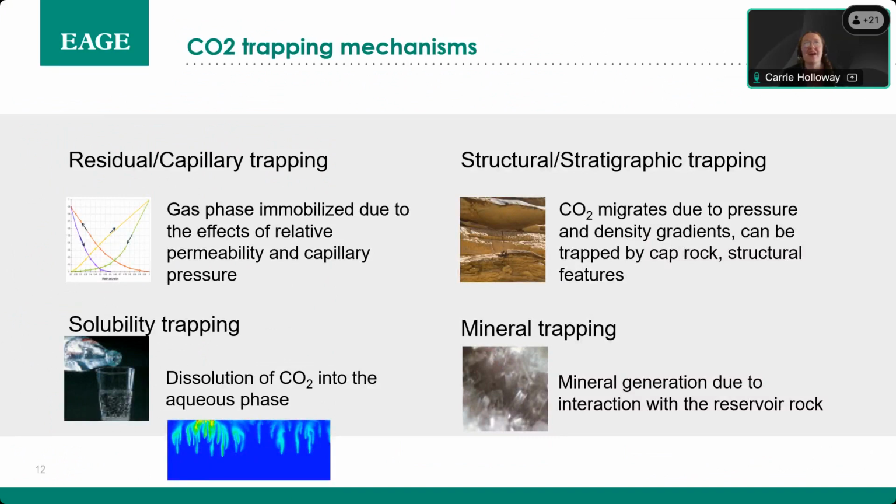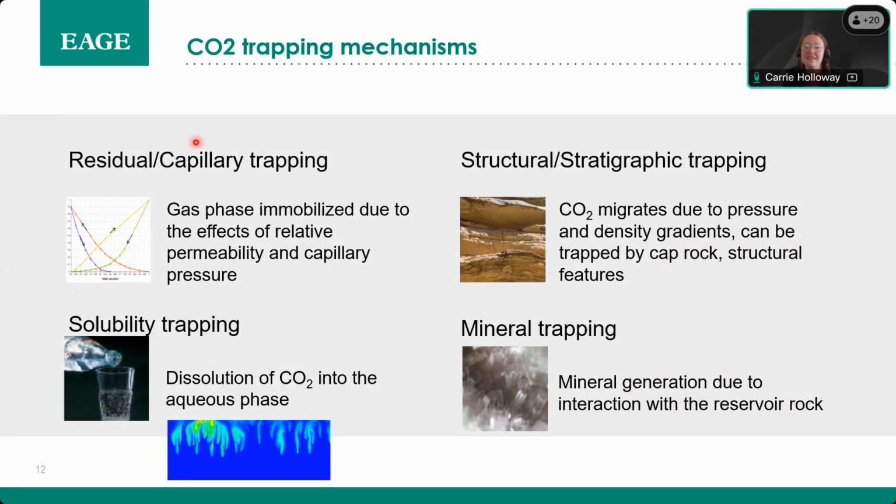Sure. Thank you so much for your question, Martin. In terms of the trapping mechanisms, it depends on your geology and your project, so your geological environment. The most important trapping mechanism in general is the residual or capillary trapping.